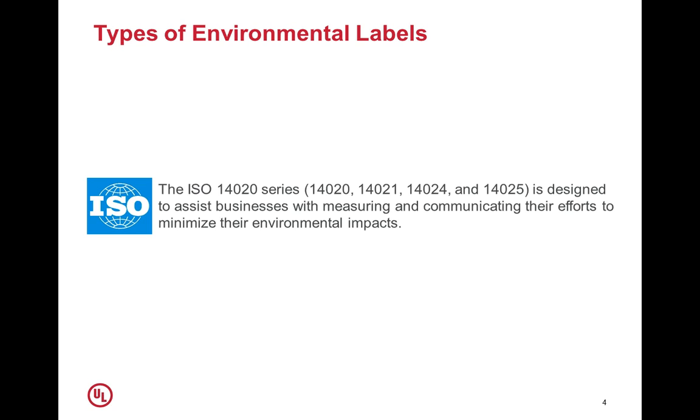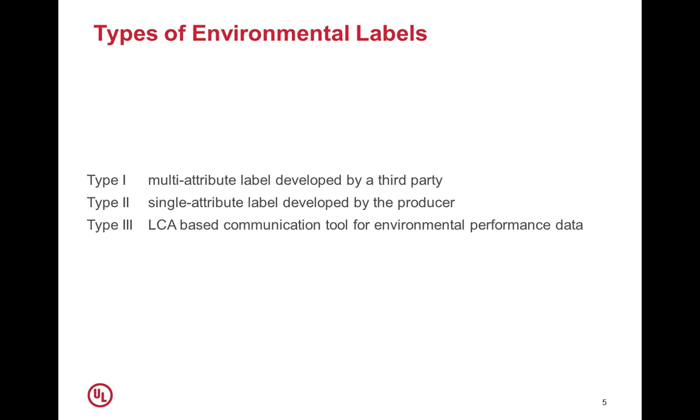Labels, or I should say marketing guidelines for environmental claims. And this series really, like I said, is a guideline for understanding how to communicate not only multi-attribute types of certifications, but also individual manufacturer-based claims as well as EPDs.